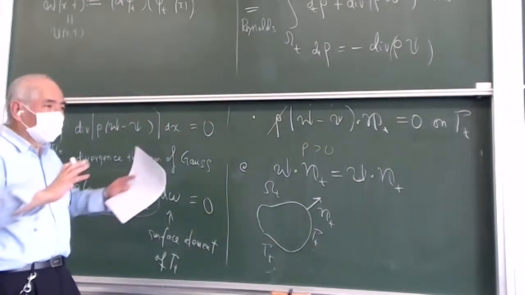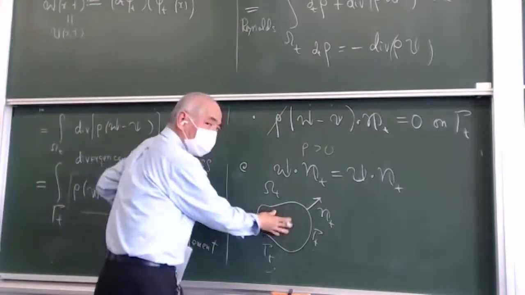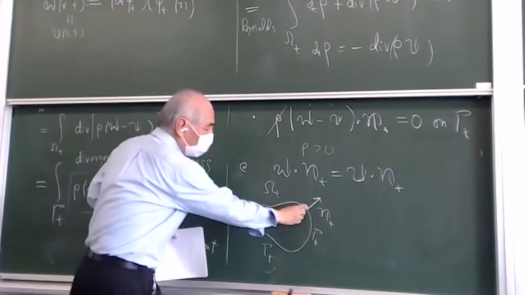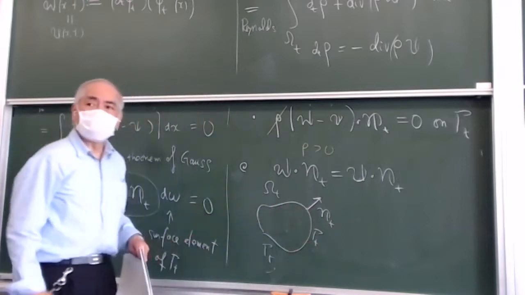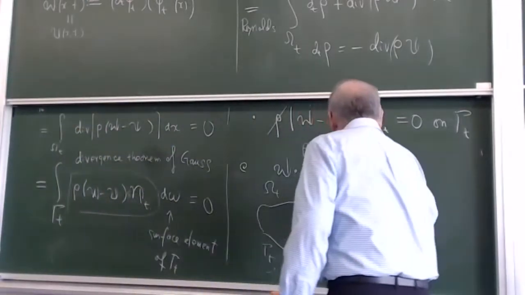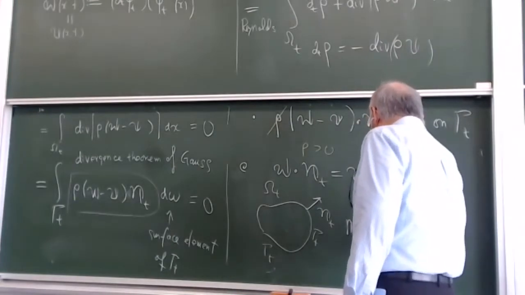So the body is evolving, but the fluid has the same evolution at the gamma t boundary. This is the so-called no-slip condition.